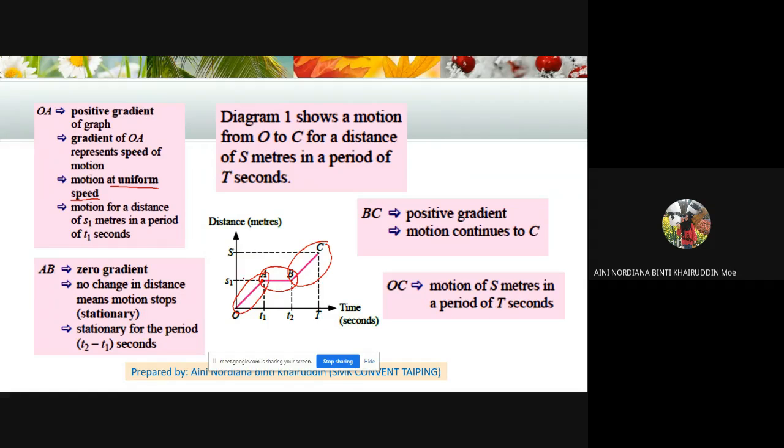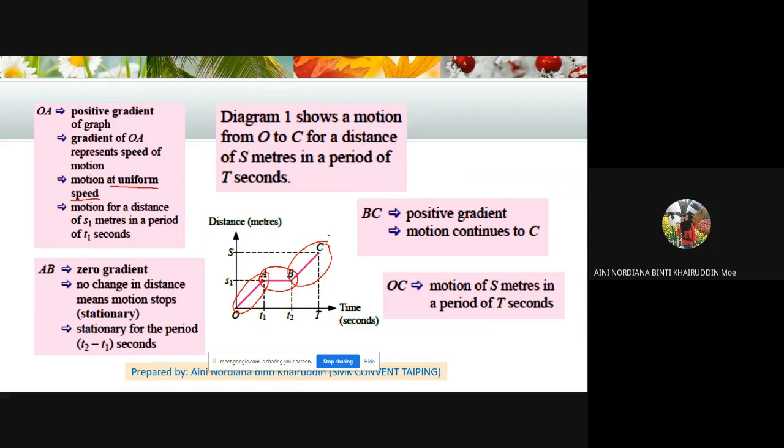Boleh. So ini cara you interpret distance time graph. Kalau dia ada gradient, mean dia bergerak. The particle moving. Kalau dia mendatar macam ni, no gradient or zero gradient, so ini dia stop. And then ada macam gradient lagi, so ini dia bergerak lagi, ada speed.